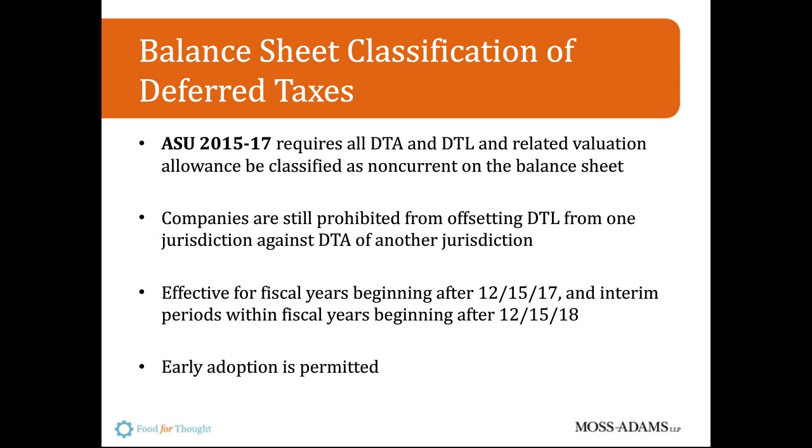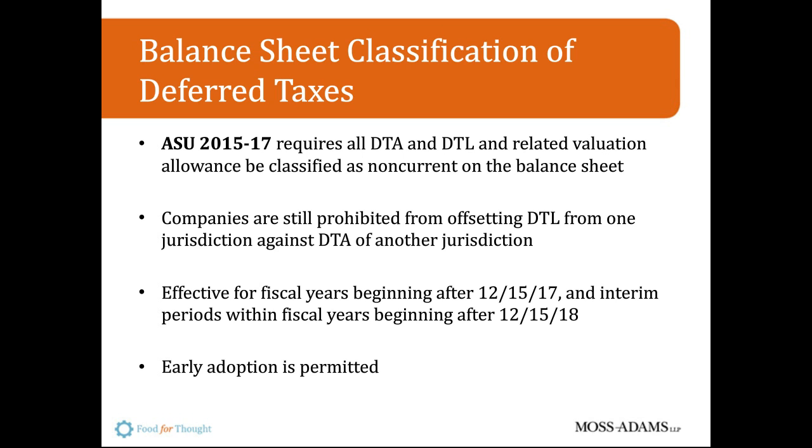Under ASU 2015-17, it does away with non-current versus current. So basically all deferred tax assets and liabilities and any related valuation allowance would be classified as non-current on the balance sheet. One thing to point out, though, is that companies are still prohibited from offsetting deferred tax liabilities from one jurisdiction against a deferred tax asset of a different jurisdiction.